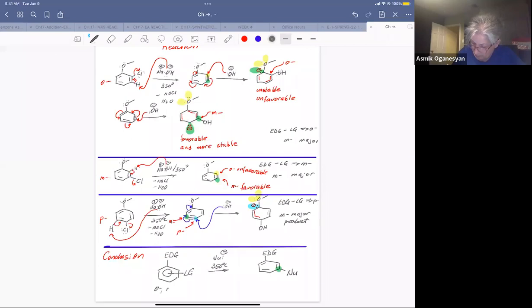Ortho, meta, para substitution are going to give you the meta product as the major product of the reaction.